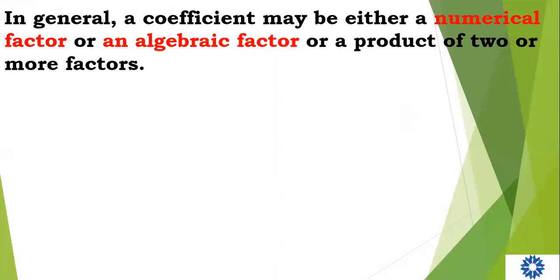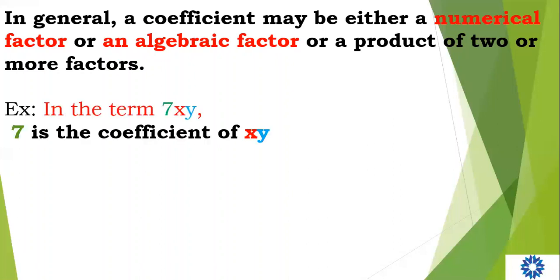In general, a coefficient may be either a numerical factor or an algebraic factor, or a product of two or more factors. It means coefficient does not mean only numbers. Coefficient means variables also. So in the term 7xy, 7 is the coefficient of xy.